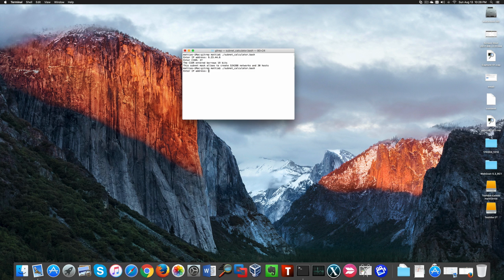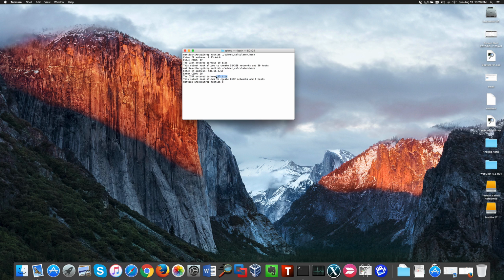Let's say something like this, and let's say we want the 29. Again, you see 13 bits and so on and so forth. In this case, the default subnet mask, as you might know, is a /16.